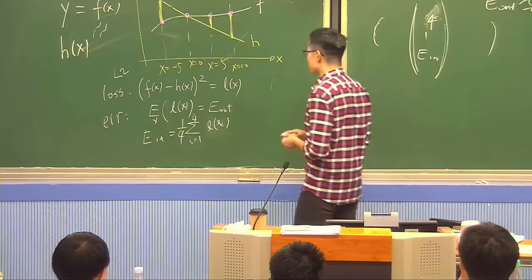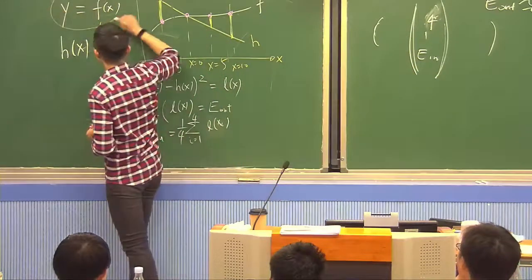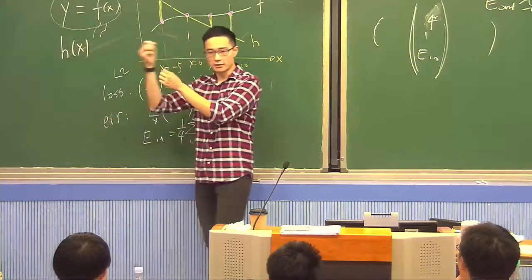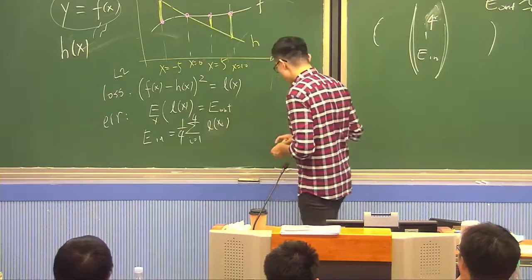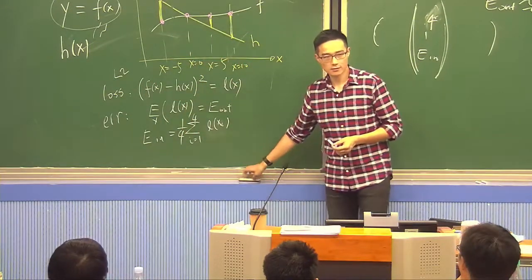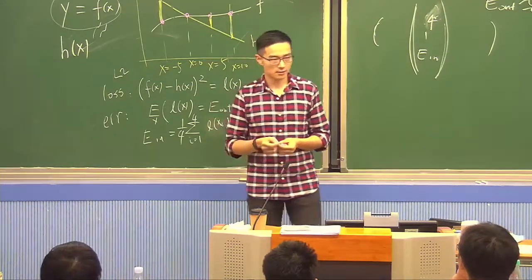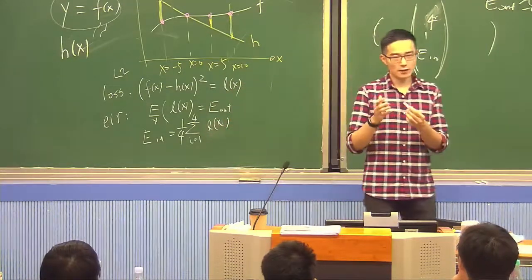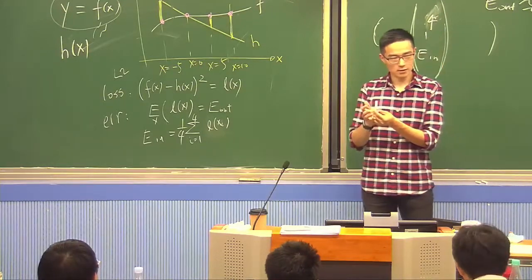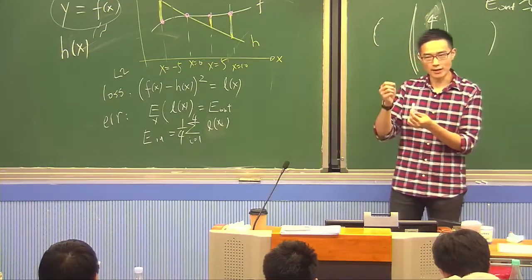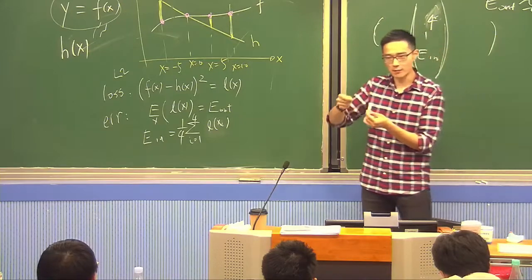Now, this is assuming that y equal to f(x), so there's an underlying f that we need to learn. What if y is not equal to f(x)? What if y is not completely determined by x? Instead, even after I tell you what x is, you will never be able to tell me what y exactly is, because y is not completely determined.